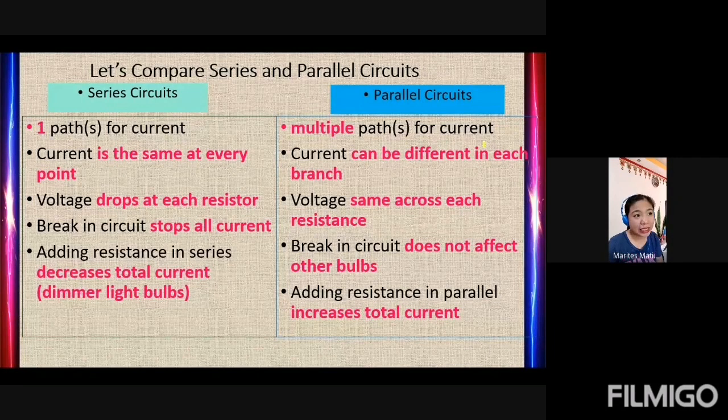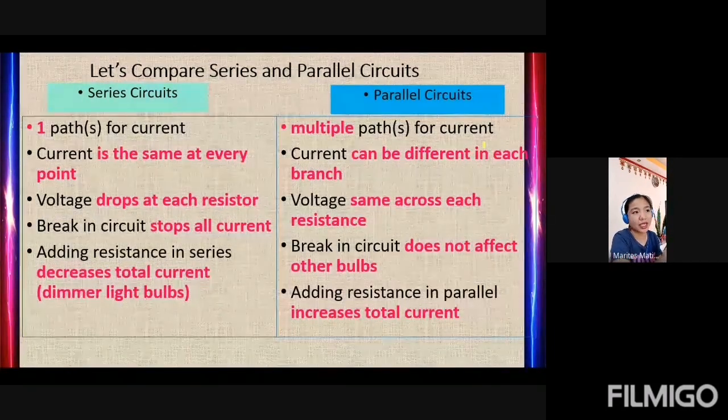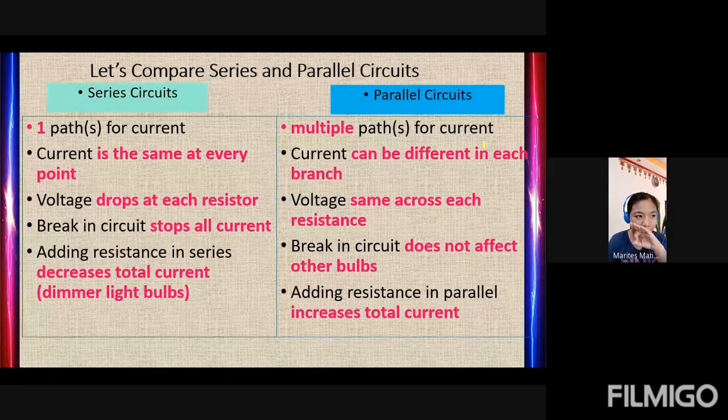If it is 20 amperes, it is 20 amperes everywhere. If we have three bulbs, let's say 60 amperes, then each one is 60. The same at every point. 60 for bulb 1, 60 for bulb 2, 60 for bulb 3. Okay.